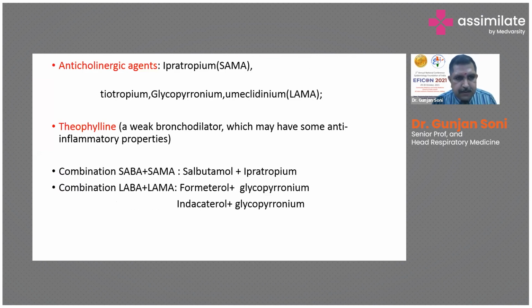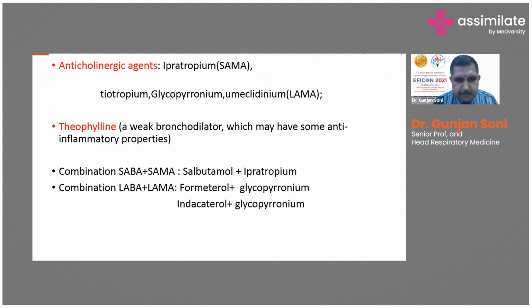About the anticholinergic agents, earlier we used to treat the patient with the ipratropium, that is a short acting. Now with the better drugs available, we can go for a tiotropium, glycopyrronium, and the umeclidinium. These are the LAMA. And a theophylline we have been using for many years, doxofylline, acebrophylline, and methylxanthine.